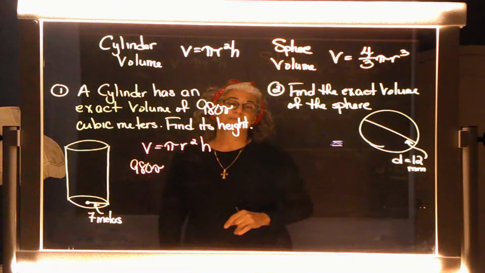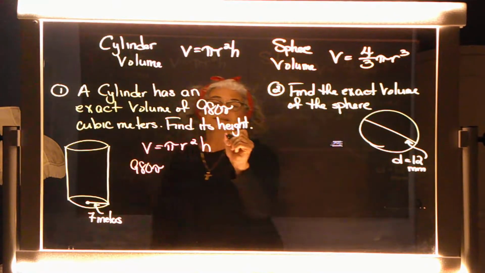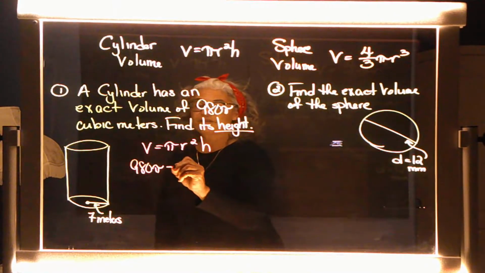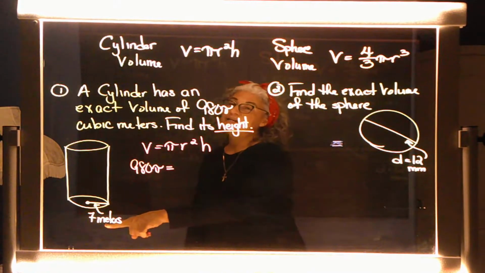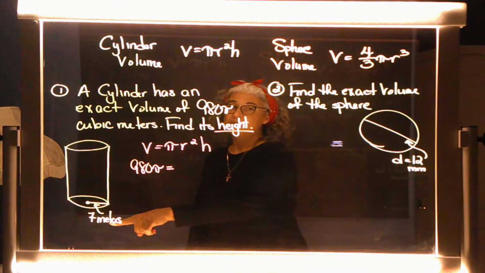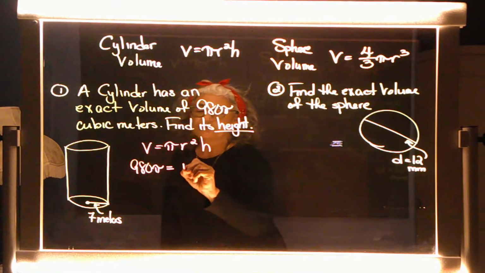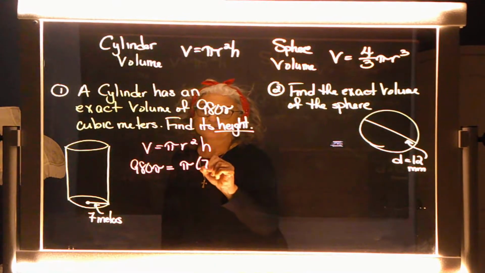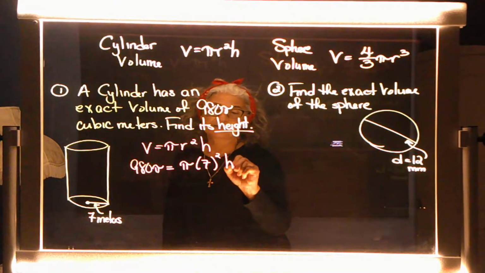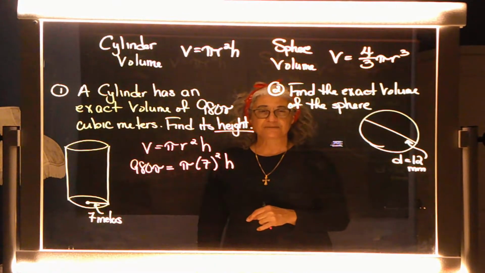So that's taking the place of V. And they're asking me to find the height. Well, if they want to know the height, that means we must know the radius. And according to this diagram, the radius is 7 meters. So we have pi times the 7 squared times h. Does that make sense?